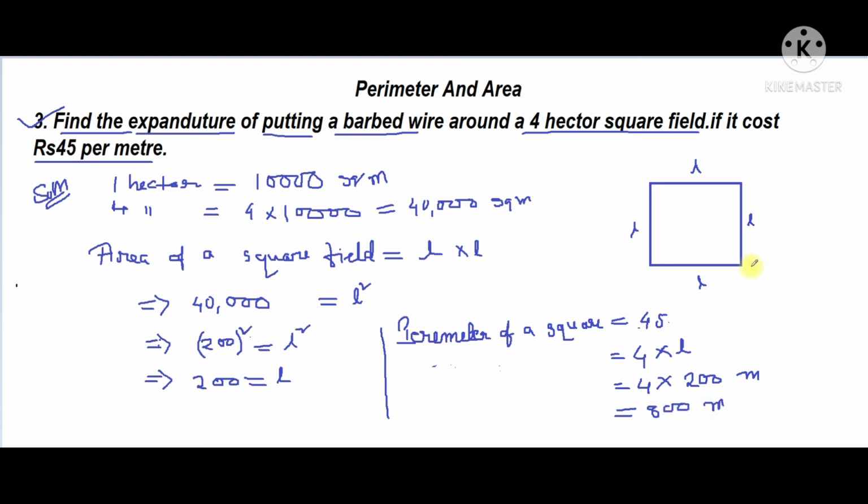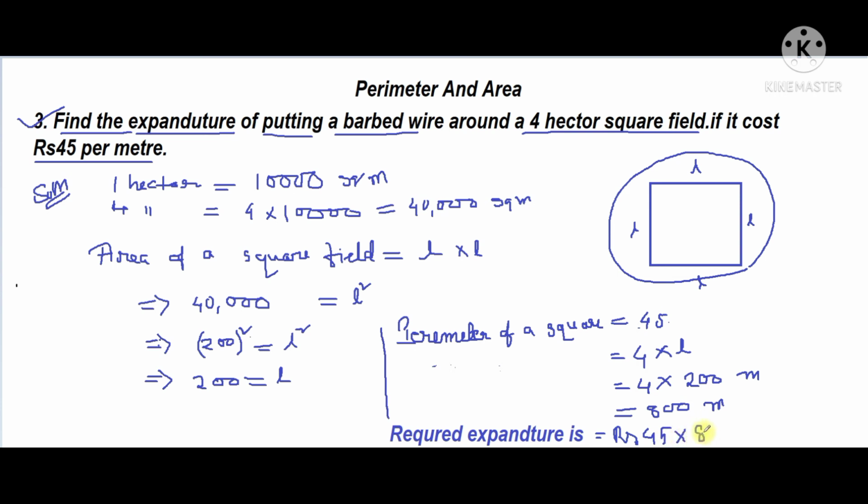So now the total length is 800 meters, right? The per meter cost expenditure is 45 rupees. So the required expenditure is 45 rupees per meter times 800 meters, so we'll multiply 45 into 800, right?